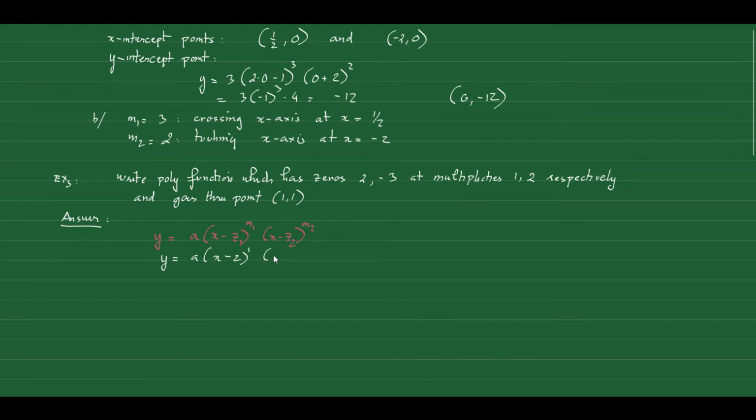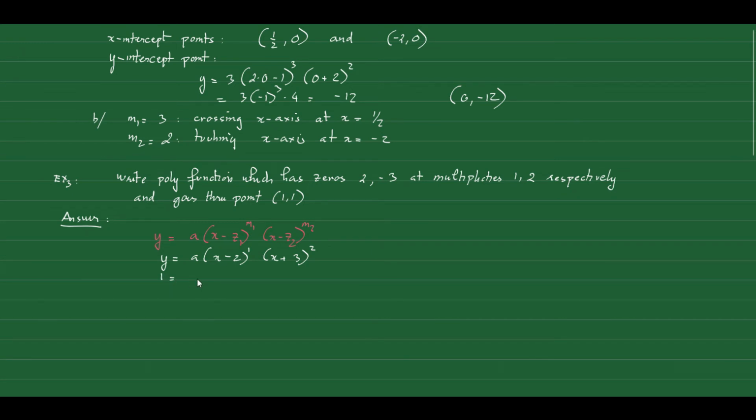And z2 is minus, so minus minus becomes 3, corresponding to multiplicity 2. Now, in order to find a, we need this point. We're going to plug 1 and 1 into x and y. So plug it in.